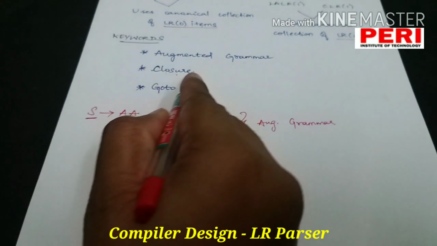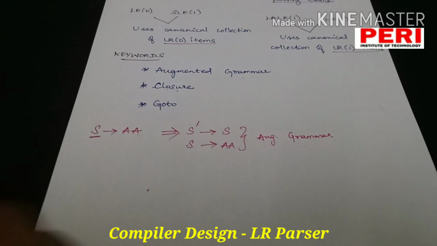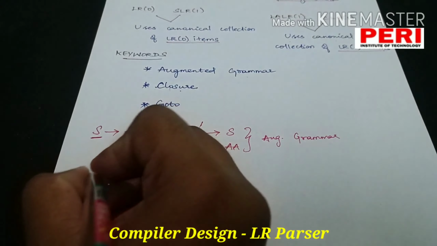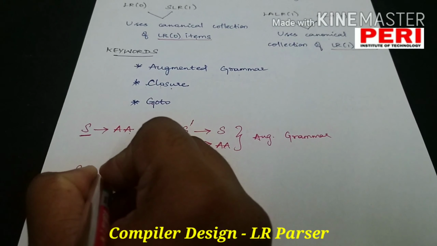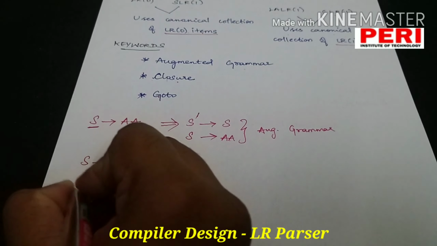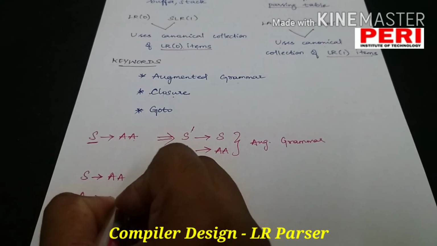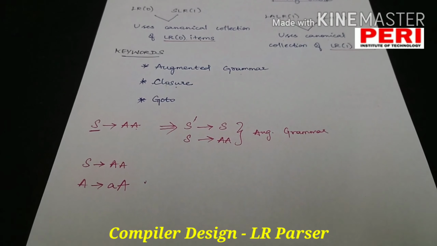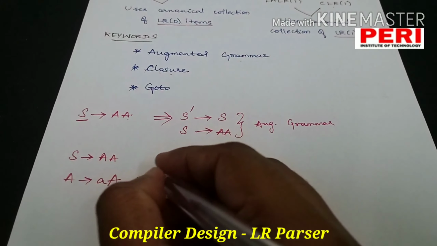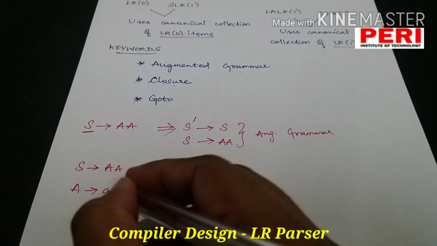Next is closure. Let me take an example grammar first. S tends to AA and A tends to aA. Let it be an example. I am going to form the closure for this particular grammar.